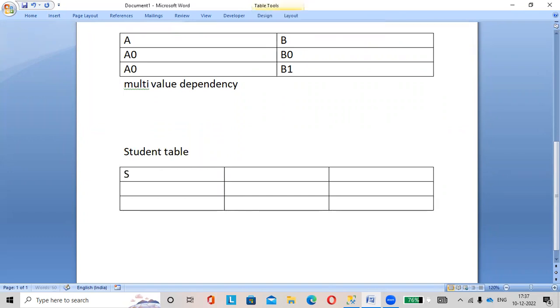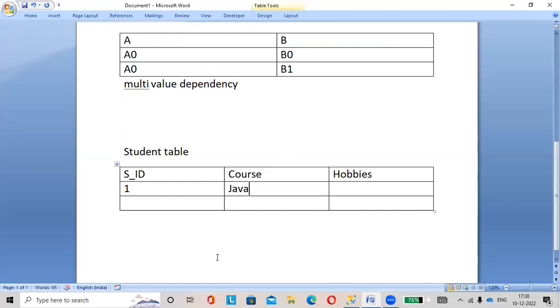This is student ID, courses, and these are hobbies. Student ID is 1. His course is Java.